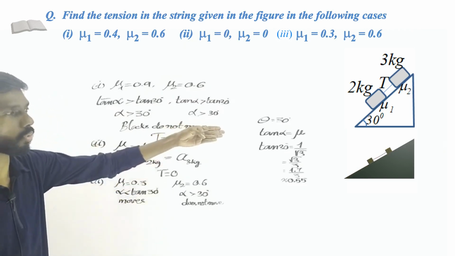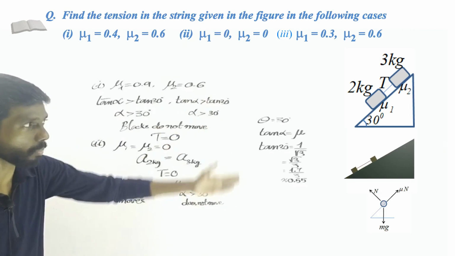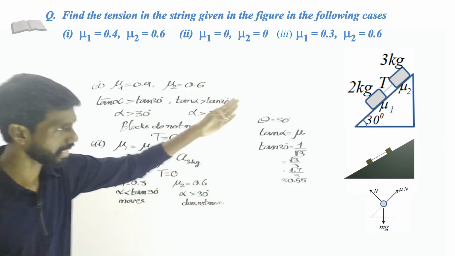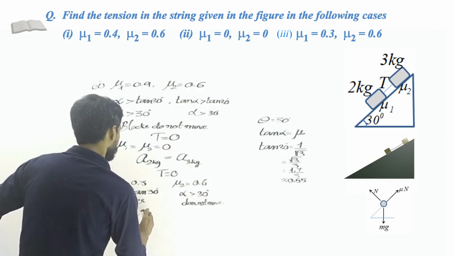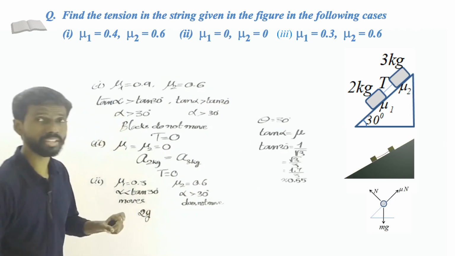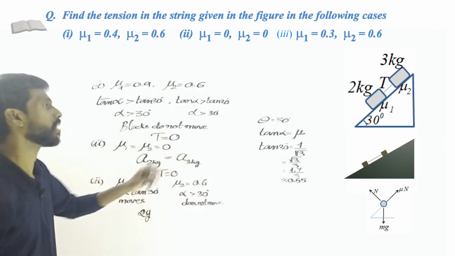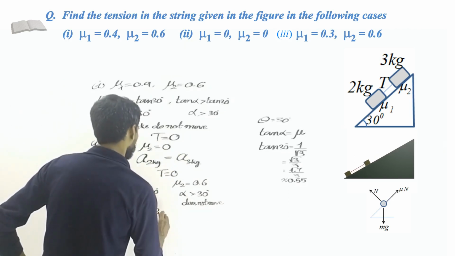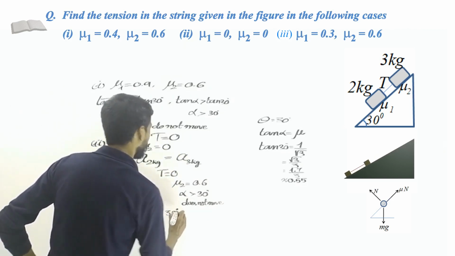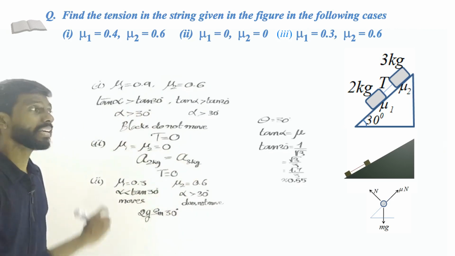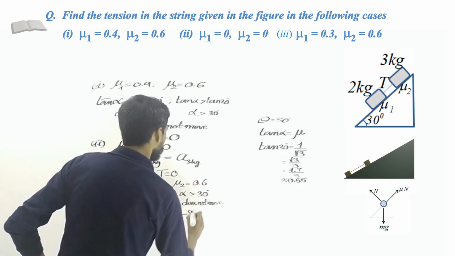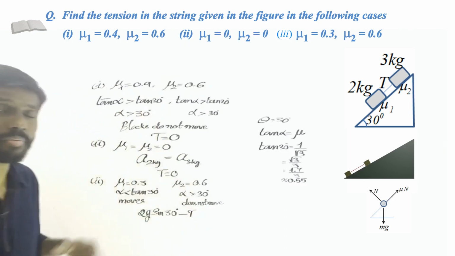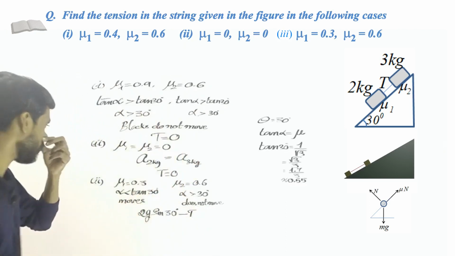So let us write the forces acting on this object. What is that? The component of the gravitational force. So what is that? mg, which means 2g, and its component, so it is sine 30. 2g sine 30. So that is its component, and tension is acting in the opposite direction. So minus tension. And also we have the frictional force acting in the opposite direction. So what is the frictional force?